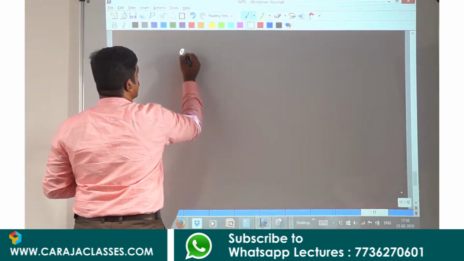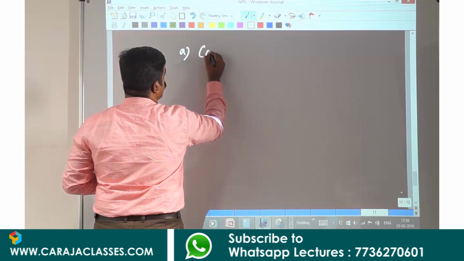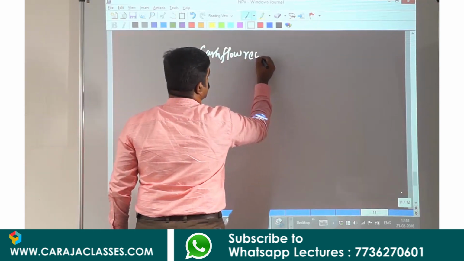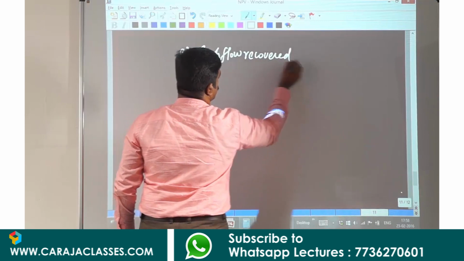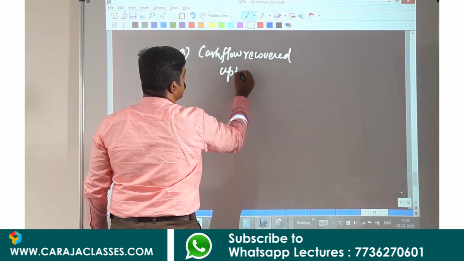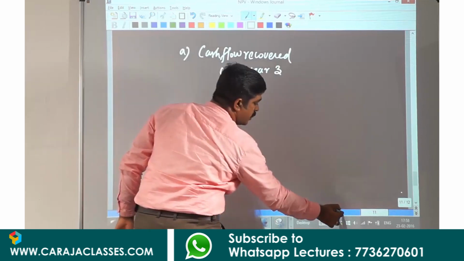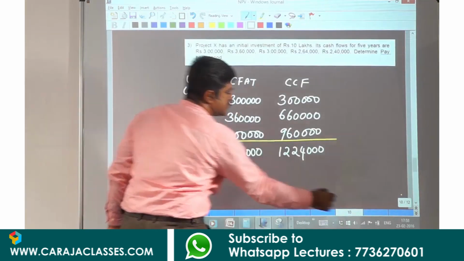Item A: cash flow recovered up to year 3. What is the cash flow recovered up to year 3? It is 9,60,000.